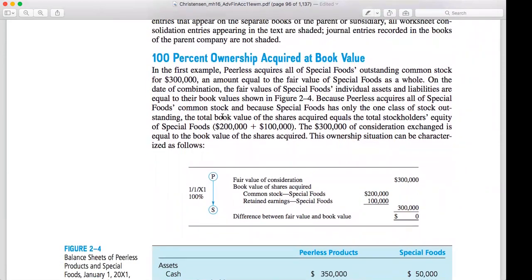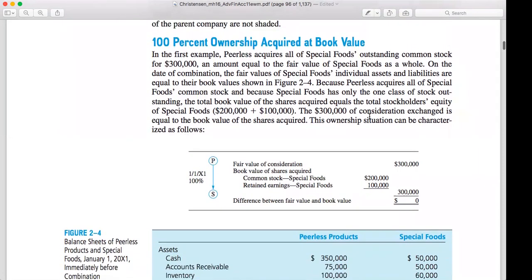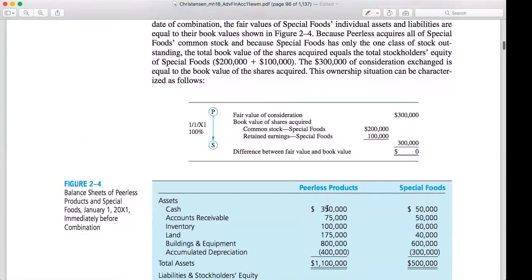So because Peerless acquired all Special Foods common stock, and because Special Foods has only one class of stock outstanding, the total book value of the shares acquired equals the stockholders' equity of Special Foods. So the value is outstanding here. The fair value consideration is 300,000, and the book value itself is common stock 200,000 and retained earnings 100,000. So there is no difference, right? No differential here between fair value and book value.